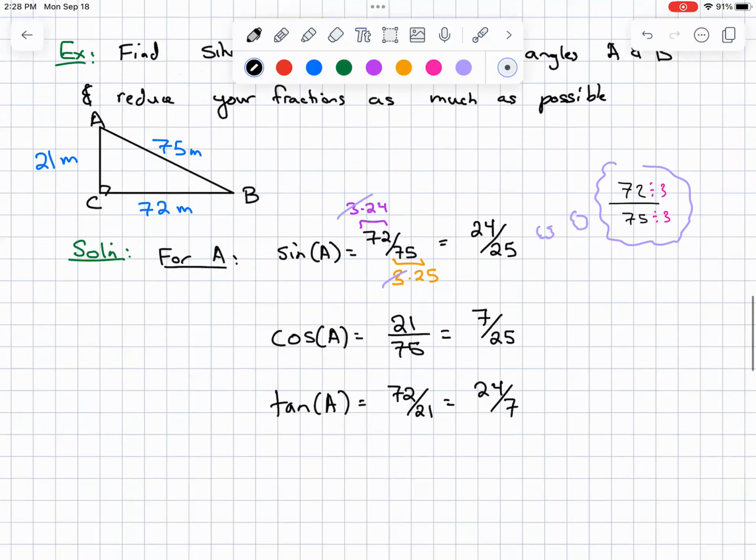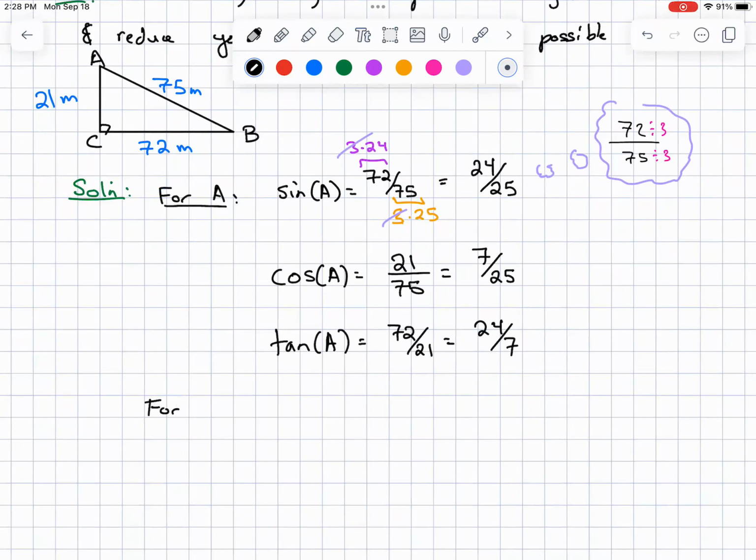So for B, I'd like you all to do B. For angle B, just do sine of B, cosine of B, and tangent of B. And I'll bring the triangle down so you've got it for reference here. Highlight that we're using angle B here.